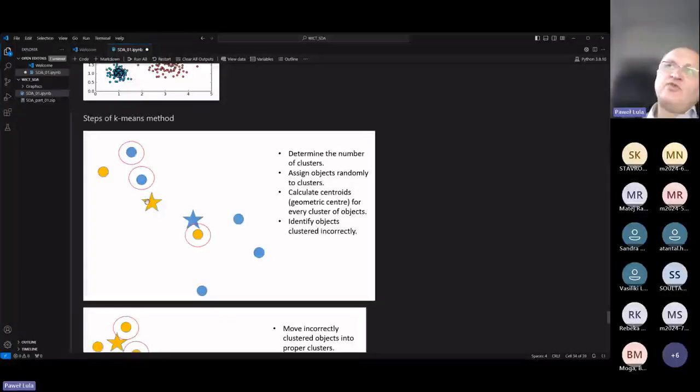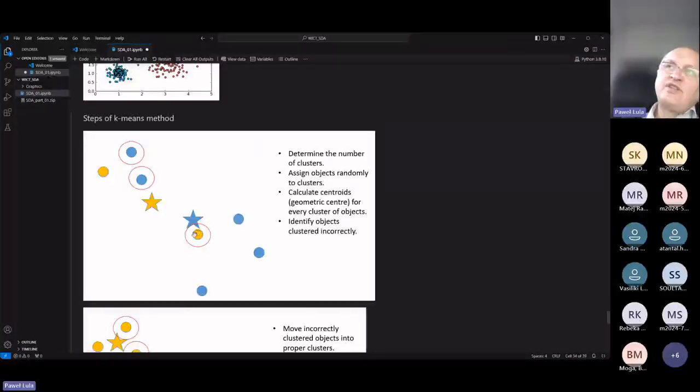And the distance to the centroid which has the same color should be the smallest. So for this object, it is true. But for this one, it is not true, because the distance to the blue centroid is bigger than the distance to the yellow centroid.